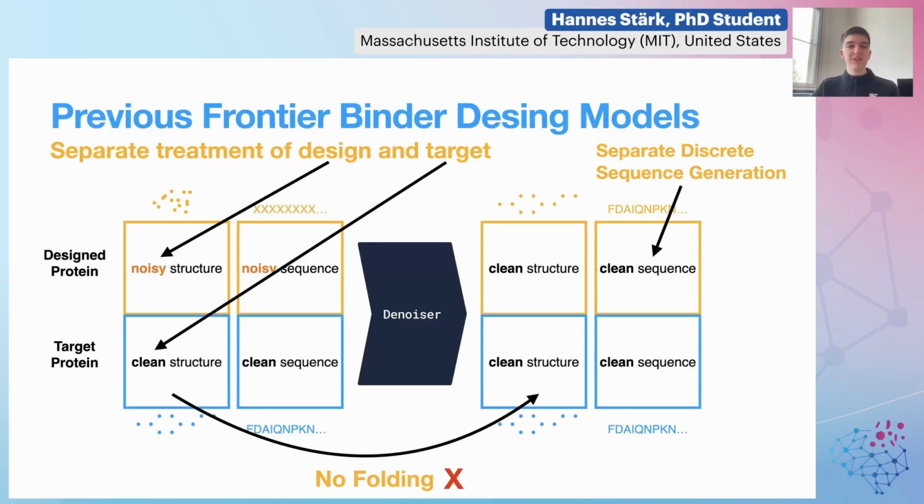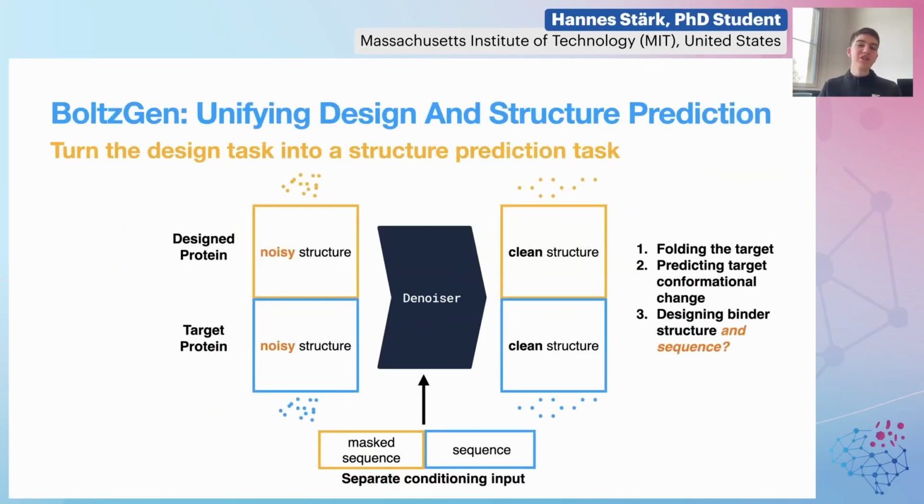So in our architecture, which is arguably quite a bit simpler and more scalable, we are completely folding the target and the design from scratch. And we are also really only doing folding, only producing a 3D structure for the design, not a sequence. So this comes with the nice benefit that 1, we can fold the target. 2, we can also predict how the target changes its conformation, very nice if we, for example, want to bind to disordered regions.